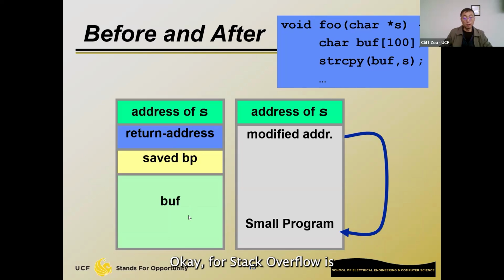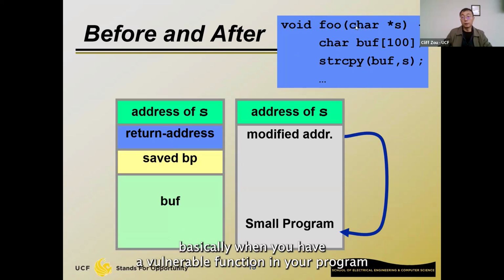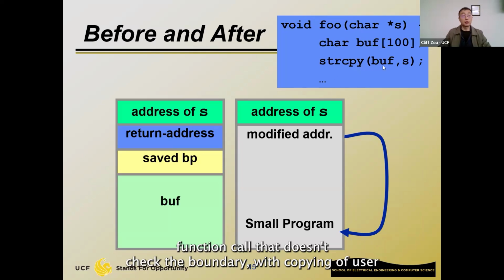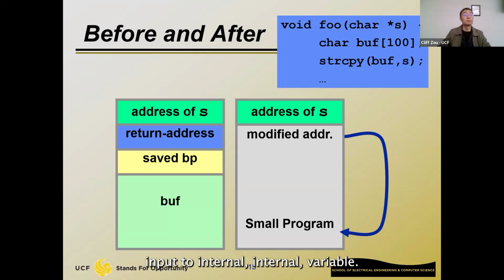Okay, Stack Overflow is basically when you have a vulnerable function in your program, which has some function call that doesn't check the boundary of copying user input to an internal variable. Like the internal variable is buff.